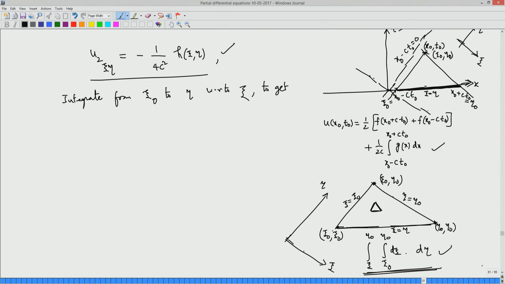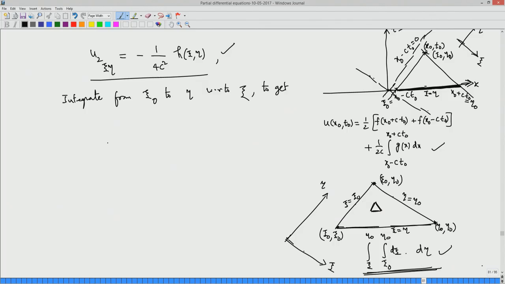So, eta is running from xi naught to eta naught, and xi is running between this line and this line. This line is xi naught, and this line is xi equal to eta.